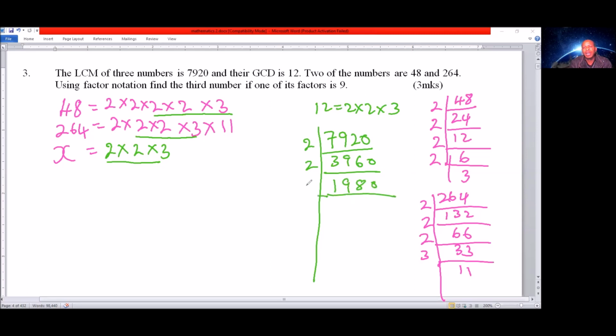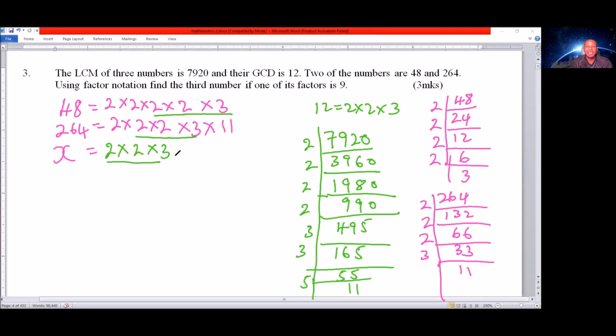Divide by 2 again, you get 990. You divide by 2 again, you get 495. Divide by 3, that will give us 165. Divide by 3 again, you get 55. You divide by 5, you get 11.